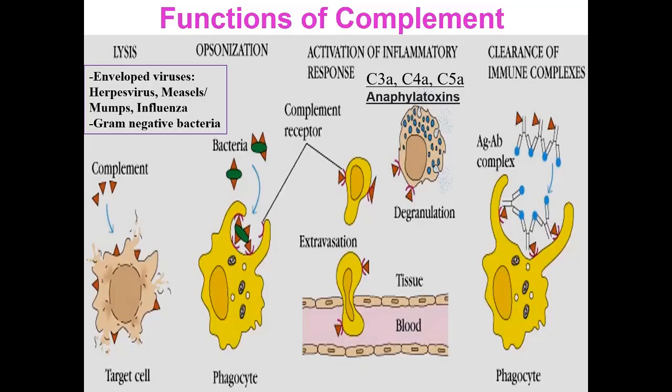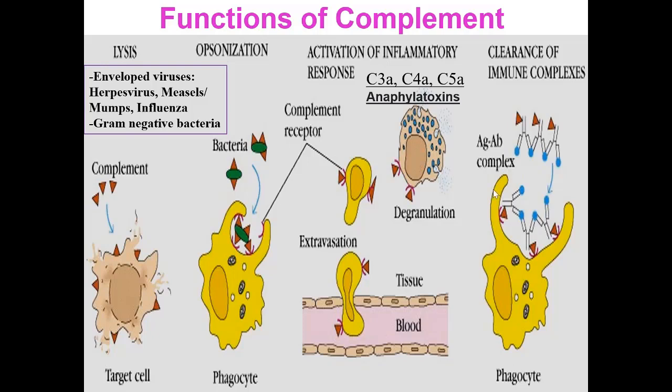Okay, in this slide you can see the functions of the complement system after activation. As you saw in previous slides, after activation of the complement system, cells can be lysed by the activation of some proteins of the complement system on the surface of the target cells.